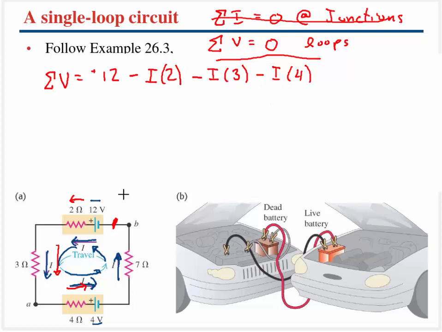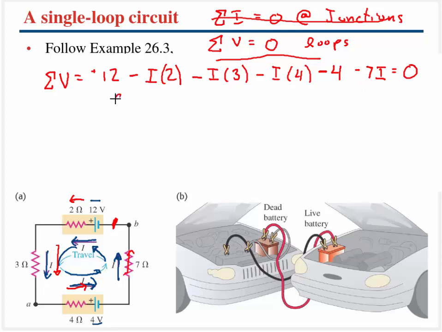I times R. I go against the flow of my 4 volt battery, so I'm going from the positive side to the negative side, so I subtract 4 volts right there. And then lastly I go through this 7 ohm, also in the direction of current travel, so I'm going to subtract 7 multiplied by I, and all of these had better add up to be equal to 0.